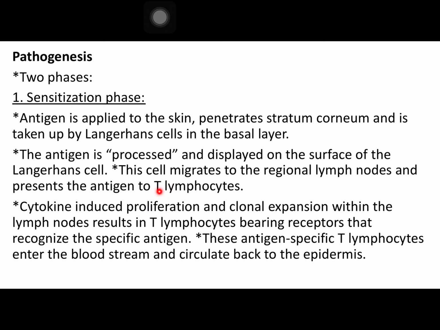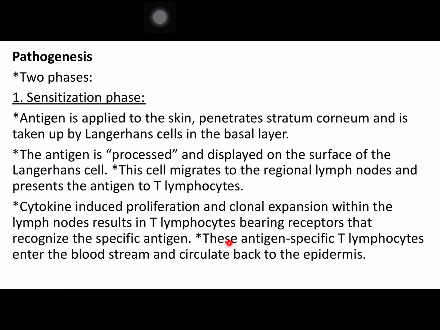Now, this T lymphocyte is called a naive T lymphocyte, a T cell without memory. After interaction with the Langerhans cell bearing antigen, there will be induction and production of cytokines. These cytokines lead to proliferation and clonal expansion, more division of these T cells, but these T cells are now antigen specific.